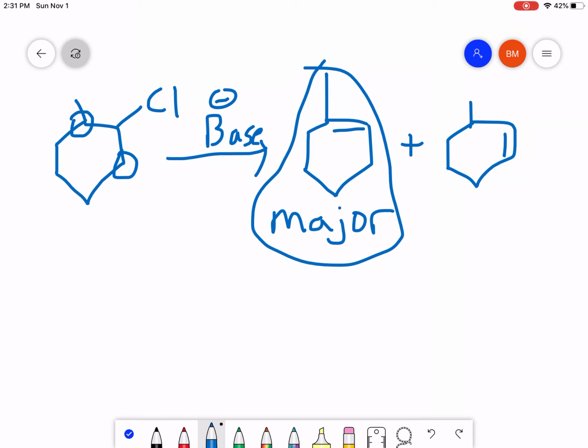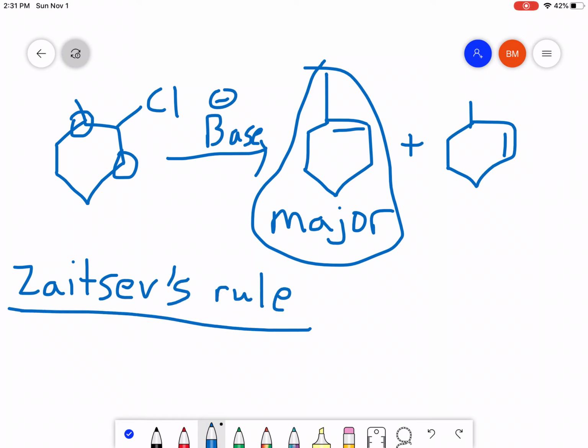All right. Whenever you're looking at the alkene products of reactions, what we can do is we can follow something called Zaitsev's rule. Okay?